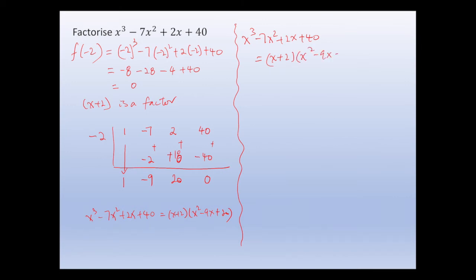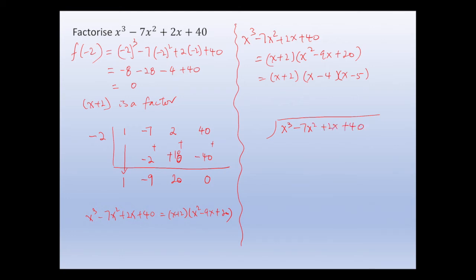It's a little bit clearer. x cubed minus 7x squared plus 2x plus 40 equals x plus 2, x squared minus 9x plus 20. And you should be able to work out how to factorize this quadratic. So, two numbers that multiply to 20 and add up to minus 9 are actually minus 4 and minus 5.